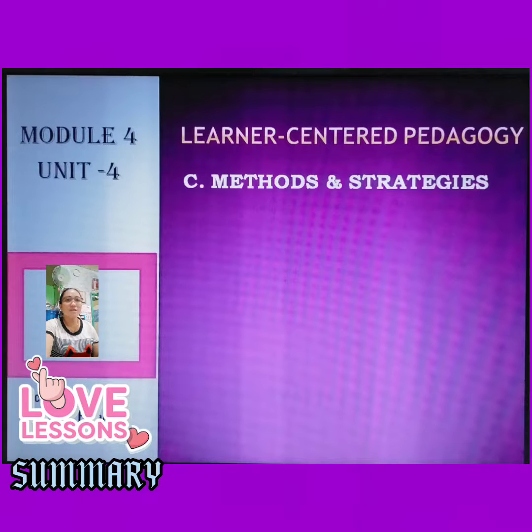Then under the learner-centered pedagogy, there are methods and strategies. Under methods, it consists of active learning activities, cooperative learning activities, and inquiry and inductive learning activities. Then the second one under the methods and strategies is the learner-centered instructional strategies.